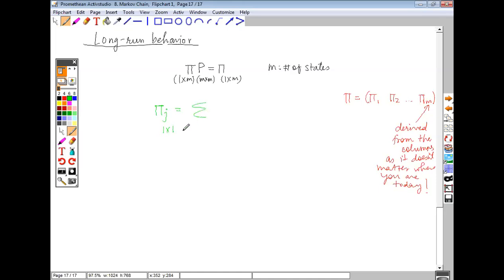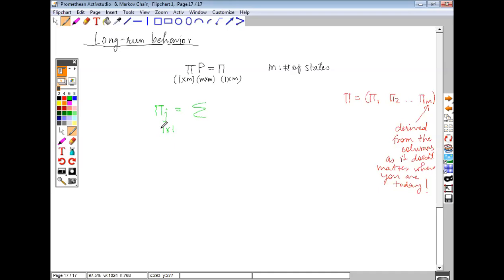Again, I'm going to use my Chapman-Kolmogorov, and I'm going to say that this pi j, which is the probability that you find yourself in state j at a particular time, is just going to be the total probability of the last transition that took you into state j, right?